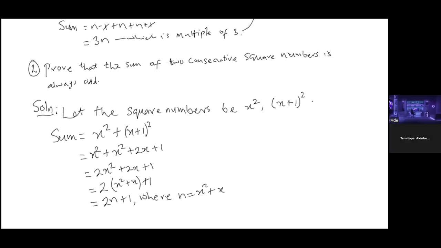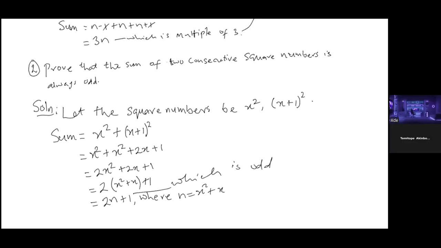Remember, go and check those facts that I gave you. We said any odd number can be written in that form, 2n plus 1 or 2n minus 1. Is that clear? Yes, sir. Since we have been able to get 2n plus 1, which is odd, we can now conclude.